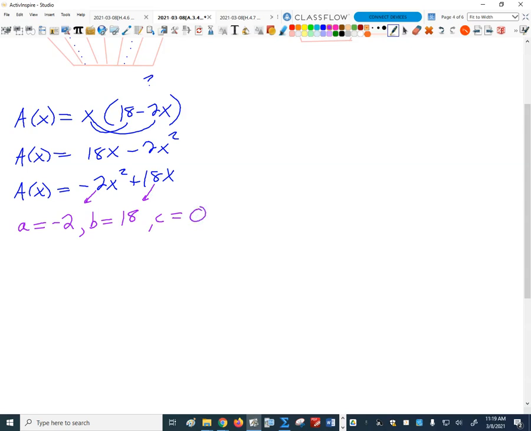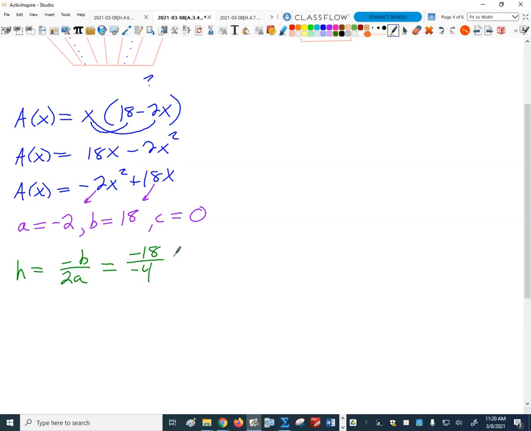Okay, so if I've got a, b, and c, I should be able to calculate the coordinates of the vertex pretty easily, right? We know the formula. h equals -b over 2a. So what's that going to give me? If b is 18, then -b is -18, divided by 2 times a, which is -2. 2 times -2 is -4.